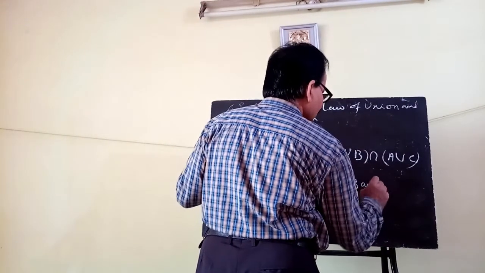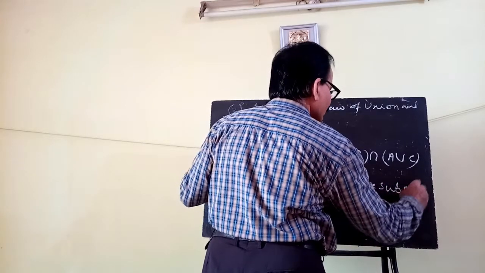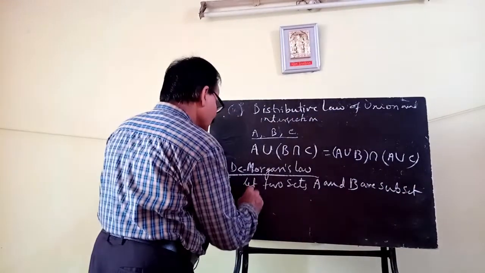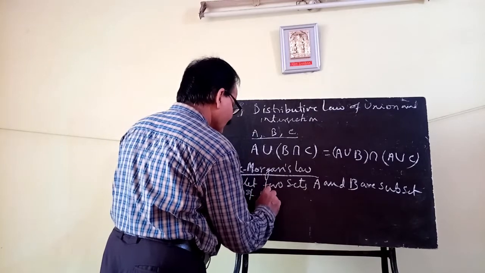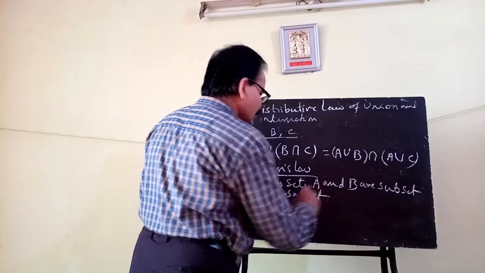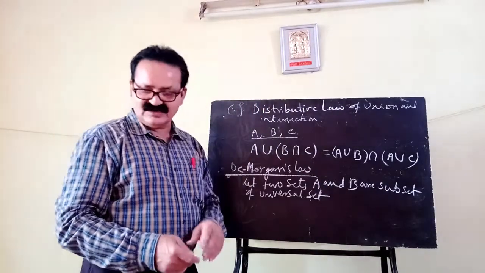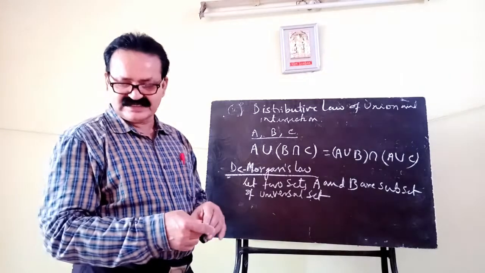So set A is a subset of the universal set and set B is also a subset of the universal set.